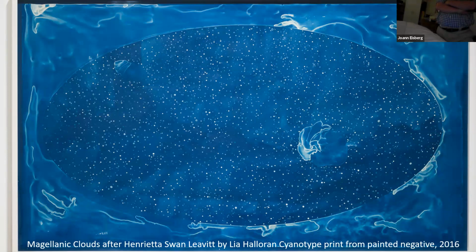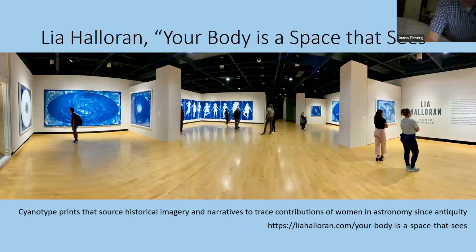There's lots and lots that you can read about it. They are really remarkable works, because there's something about a vast blue thing that just feels silent. At least I think so. If you go to her website, you can see pictures of her making them. She hand paints the mask that you put on the cyanotype-treated paper, which is treated with iron cyanide compounds and other things.